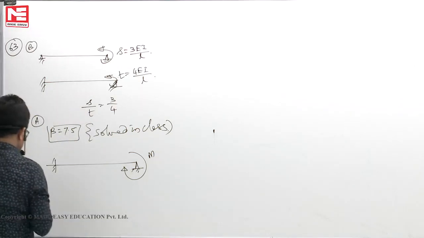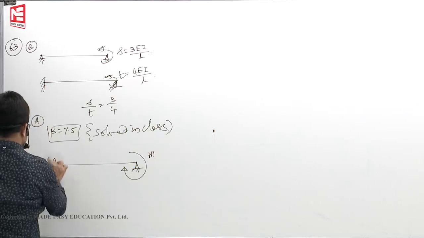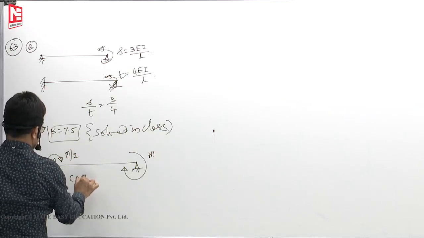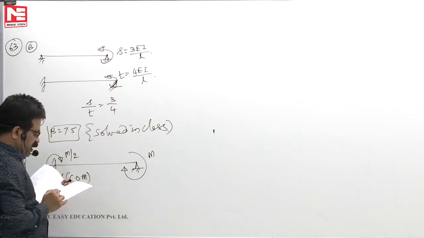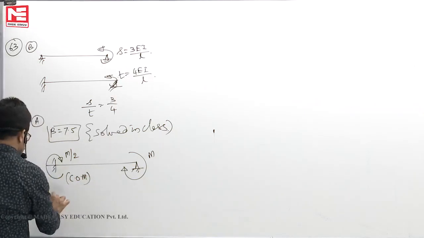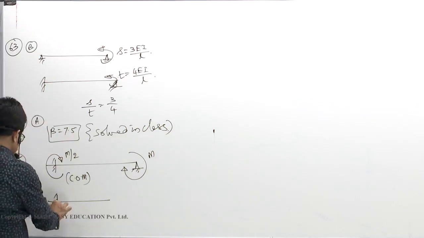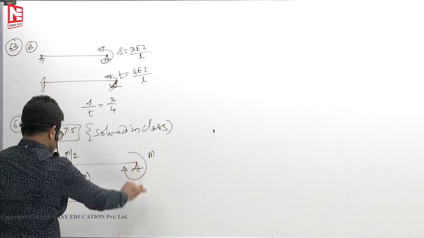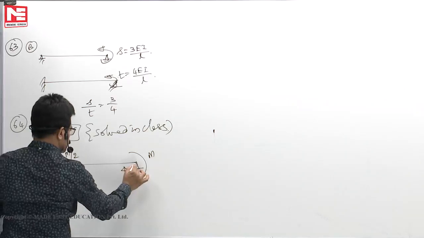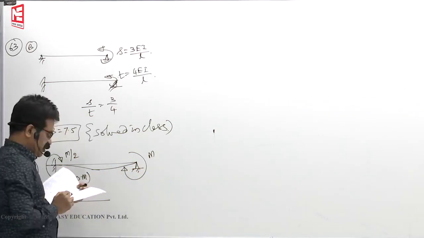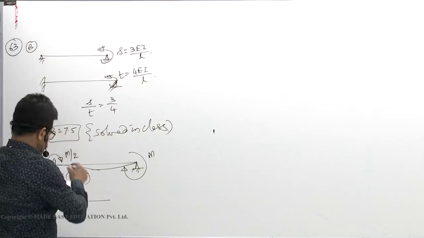A positive moment M by 2 will be transferred to the other end. Correct? Reason: as the fixed end remains horizontal and the hinged end does not deflect, correct? Does not deflect. A tangent at the fixed end.